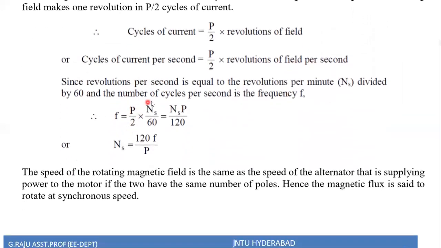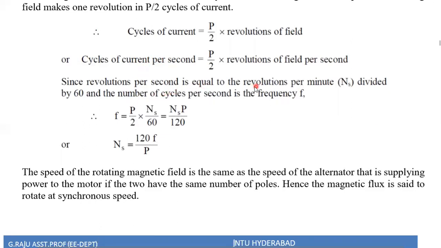Revolutions per second is equal to revolutions per minute, Ns, divided by 60. The number of cycles per second is called frequency.